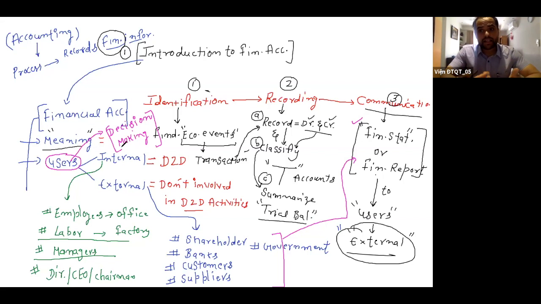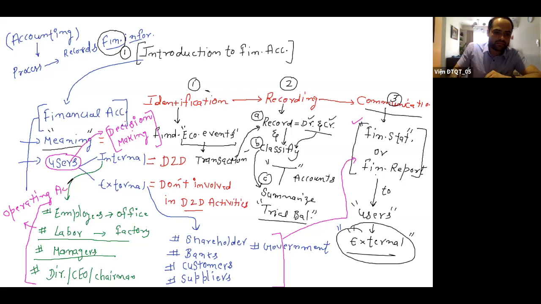Different users make different decisions, like users inside the company. I won't go into detail, but I'm going to give you very general ideas about internal users. Basically, internal users mainly make decisions related to company operating activities.